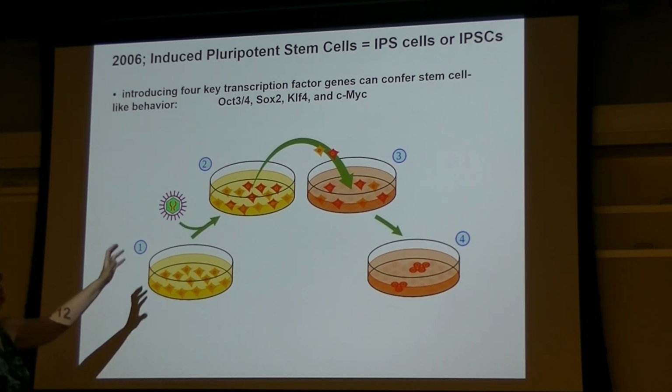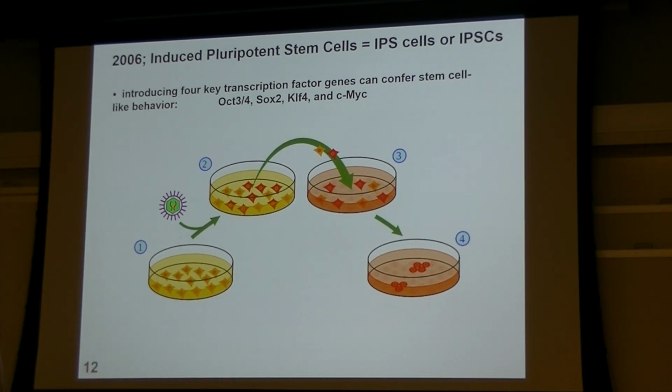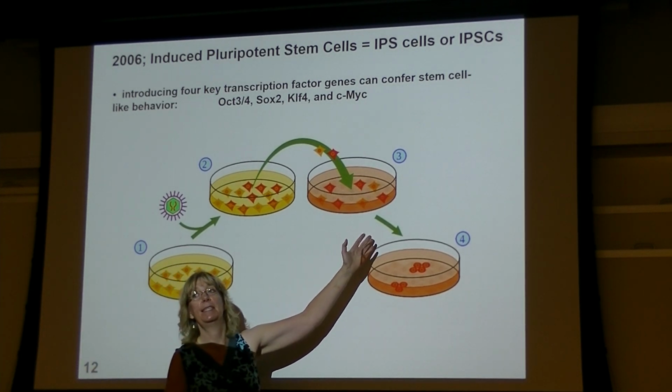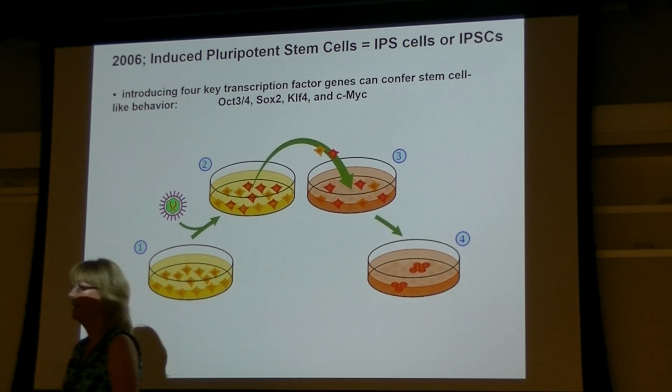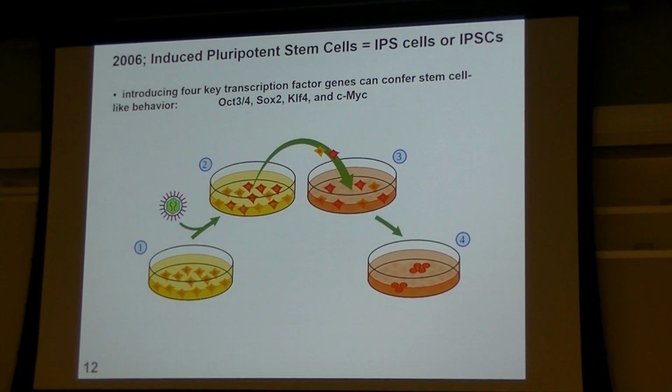So it seems like if we can just get these 4 key transcription factors to be expressed in the cells, that is what you need to convert these cells from being differentiated cells into being something very similar to an embryonic stem cell. And so this was first done, I think, in mice, but then shortly thereafter it was done for human cells.